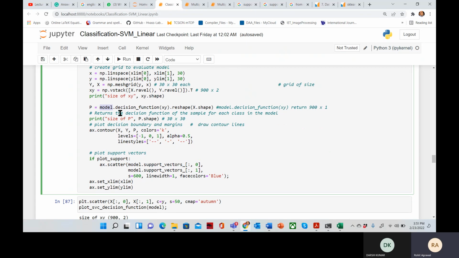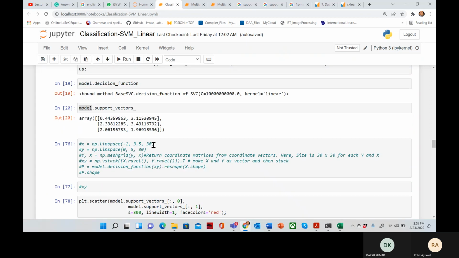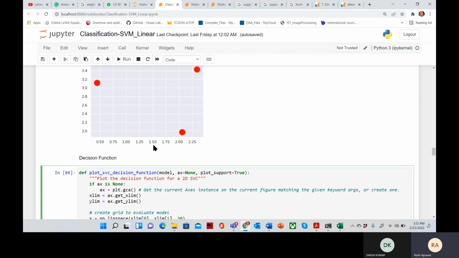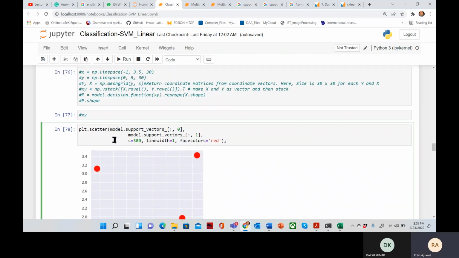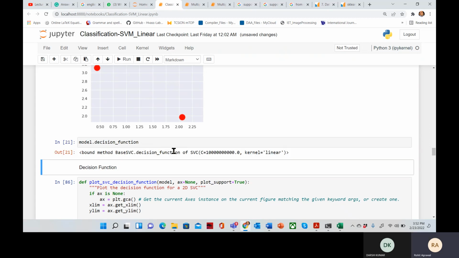In the model you are having one decision function. Okay, I will show you the decision function here. Just a minute. model.decision_function. So this is your decision function here.